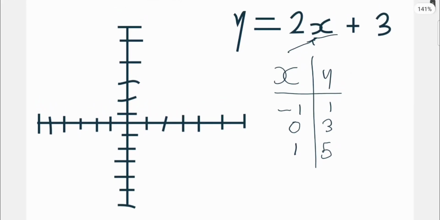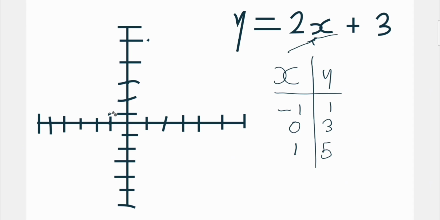Okay, so we'll use -1 on the x here, and 1 on the y, which is here. So this point will be here. And our next x value is 0, and it will be at 3 here. So then 1 on the x is going to be at 5 here.